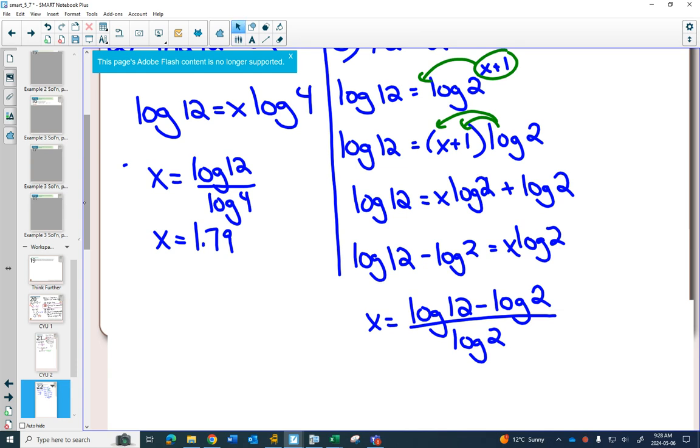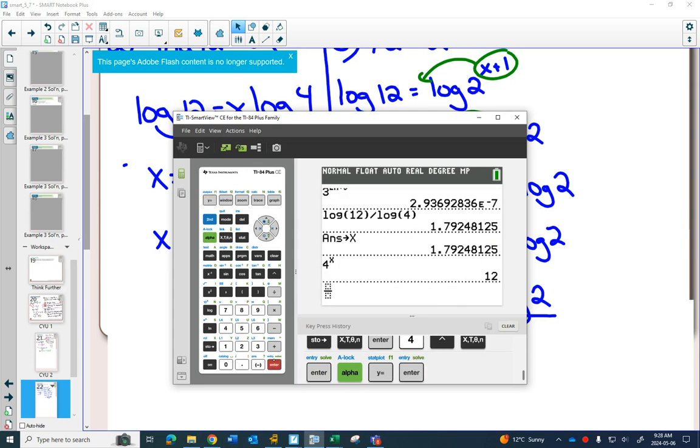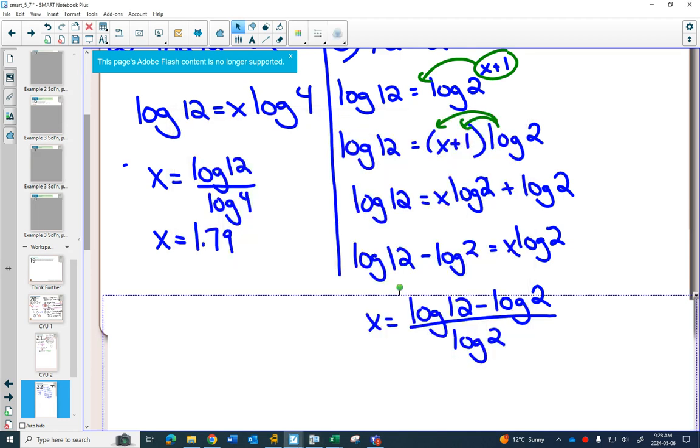And now I can divide. Log of 12 minus log of 2 all over log of 2, 2.5.